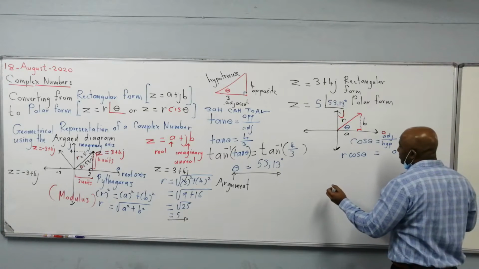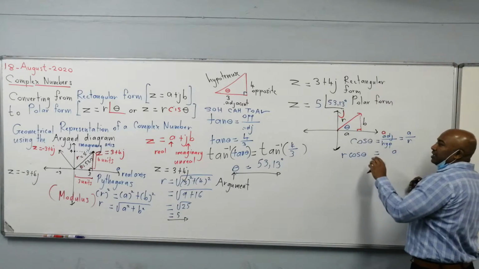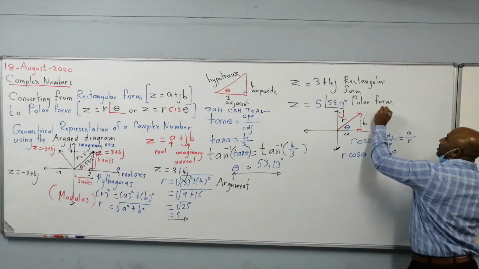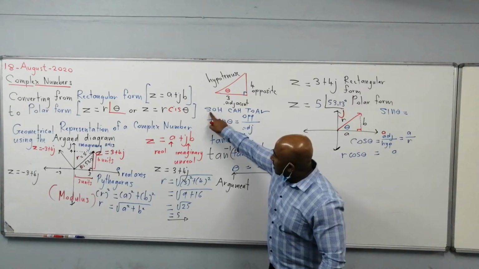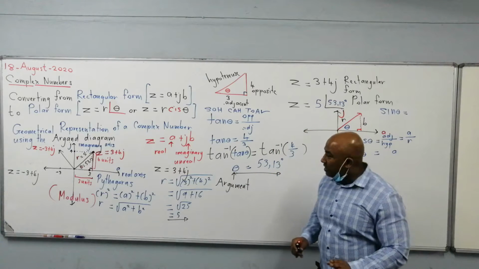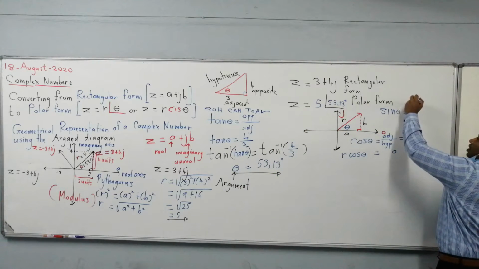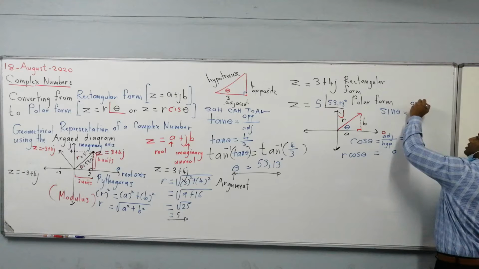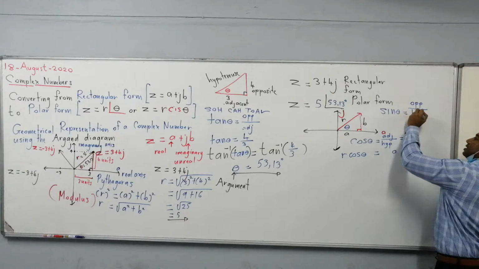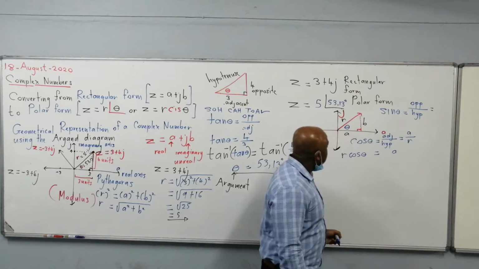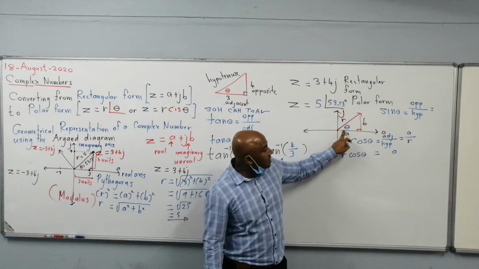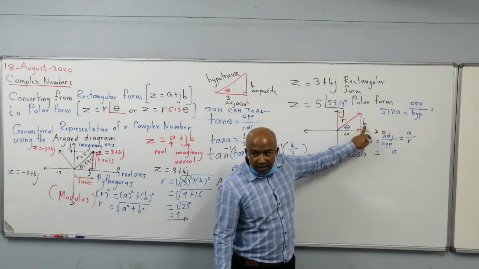Now, let's go for sine theta. So SOH, sine is equal to opposite divided by hypotenuse. So what is the opposite side? Opposite angle theta is B. You can see that?